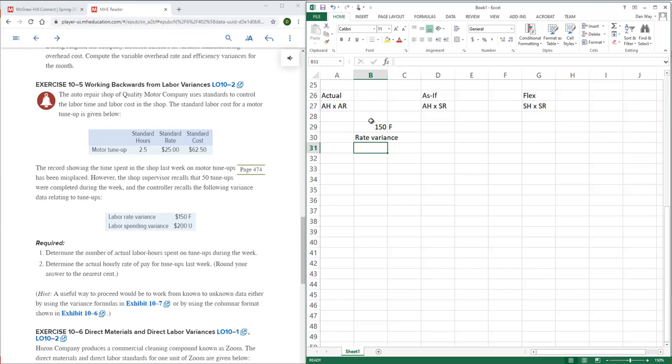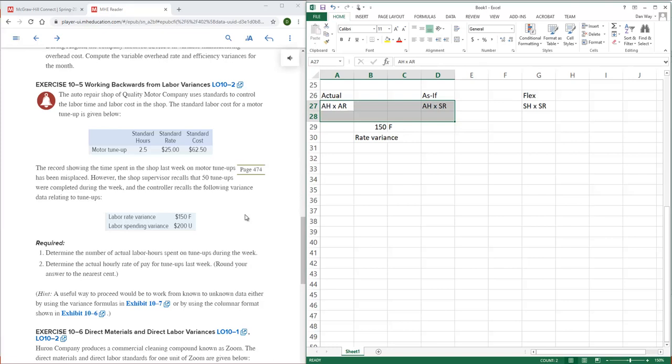My total spend on labor for tune-ups was $150 less than it should have been, if you will, given what rate I actually paid for that labor. So in other words, my rate's got to be something less than that standard rate of $25. And I'm isolating it over here, and we've said that it's $150 favorable.